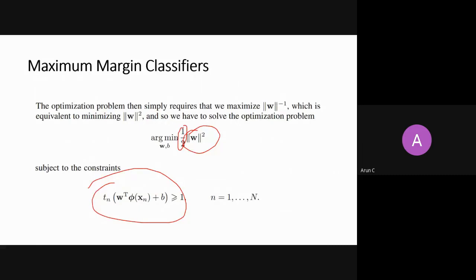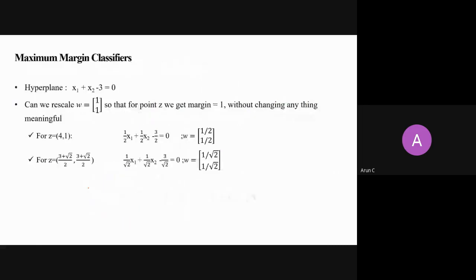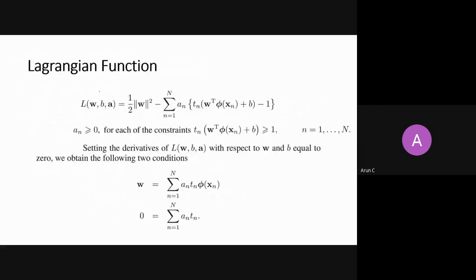This is fine. Then we said that we can convert it into a dual problem, so we construct a Lagrangian. There are so many constraints that we have. We multiply all those constraints with a Lagrangian multiplier and add it to our objective function. The objective function is this, so this is my Lagrangian.